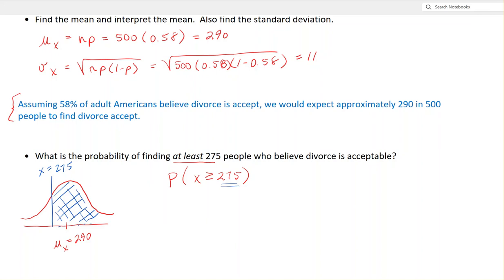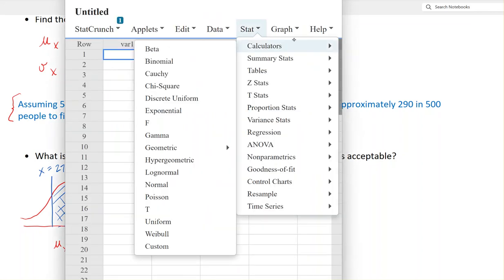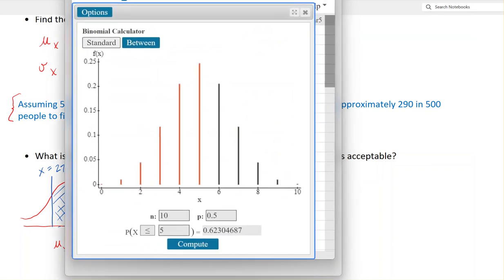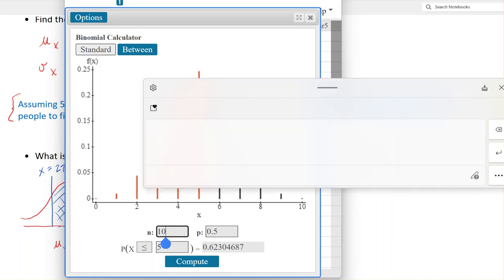So we're going to go to StatCrunch, and I'm going to go to Stat, Calculators, Binomial, because we're looking at a binomial distribution. So here's the calculator that I'm interested in. And notice here I have an option to put my sample size.